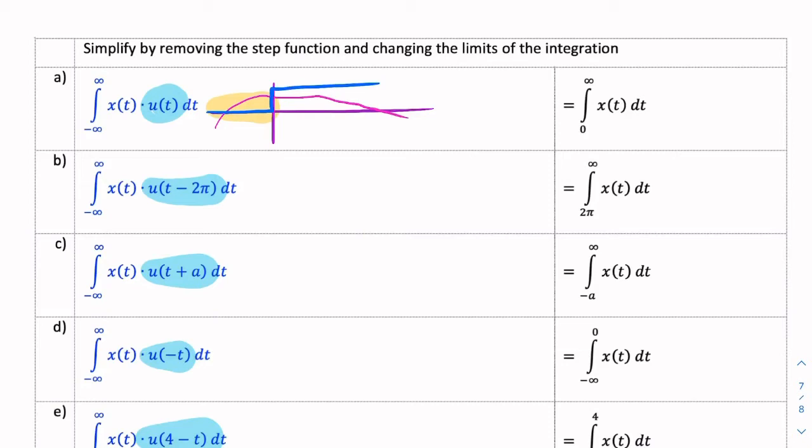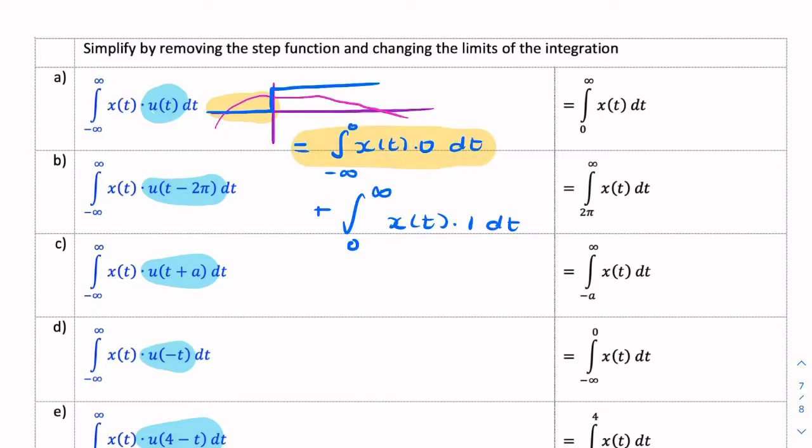So if we were to rewrite this integration, it would be the integral of x of t times 0 from minus infinity to 0 plus the integral from 0 to infinity x of t times 1 dt. So clearly this is 0, so we're left with that.